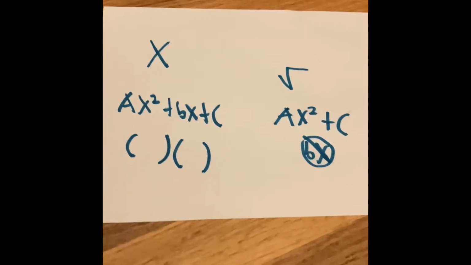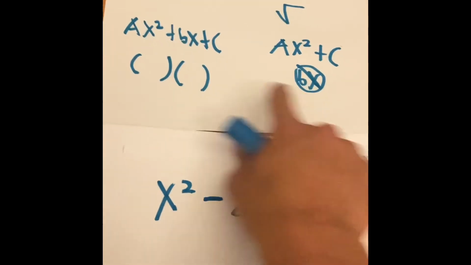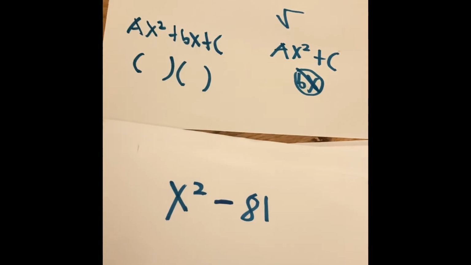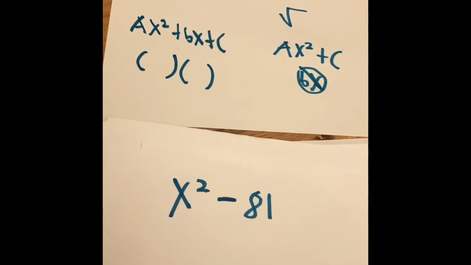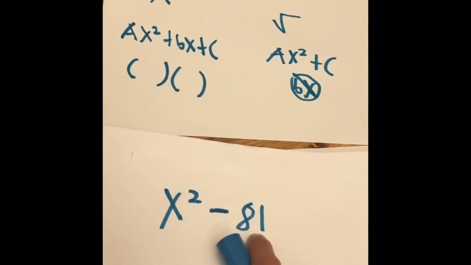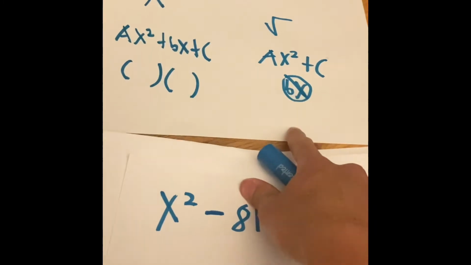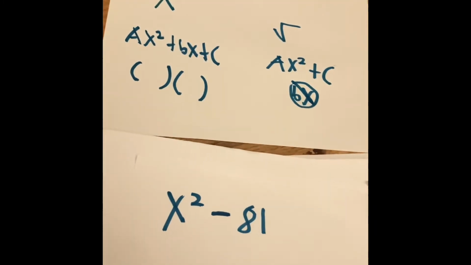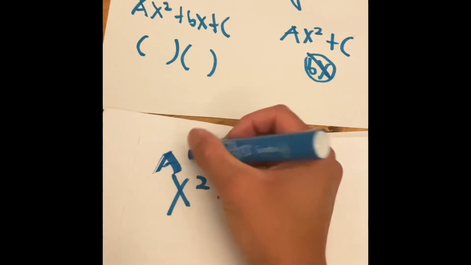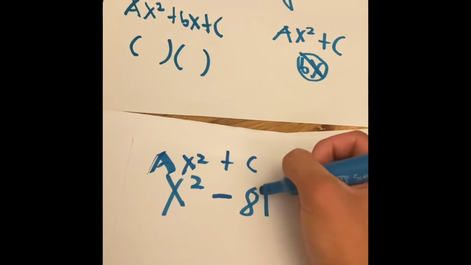Okay, so here is our first problem. Which of the two do you think is possible to do so we can understand what x is? Since we have an x squared minus 81, and 81 is a perfect square, it follows the rule ax squared plus c, with 81 as c.